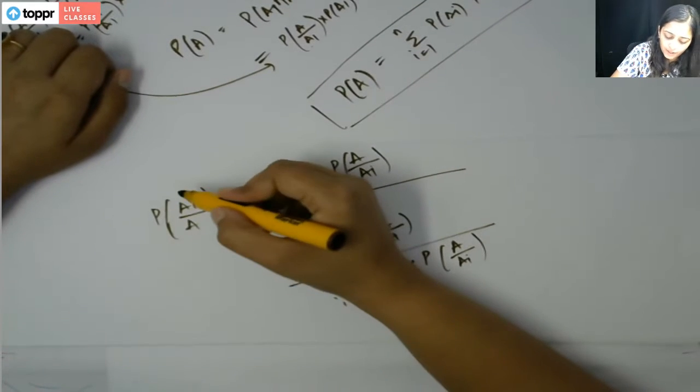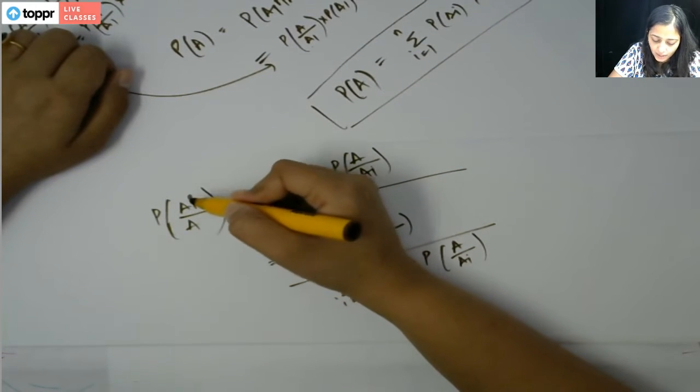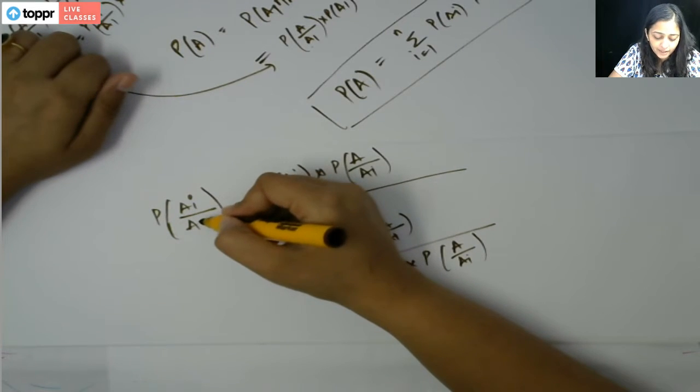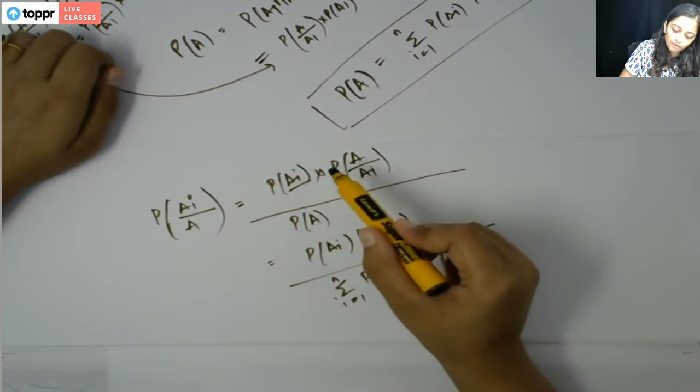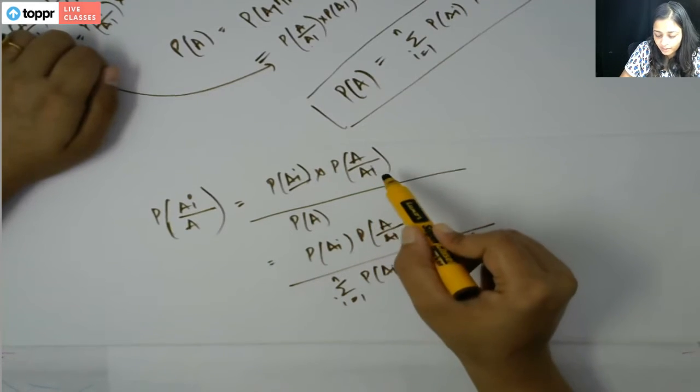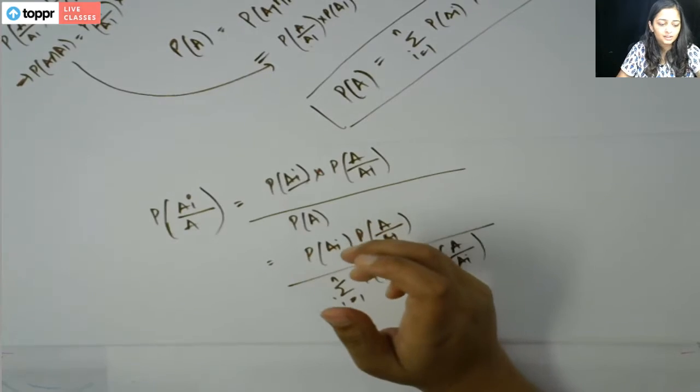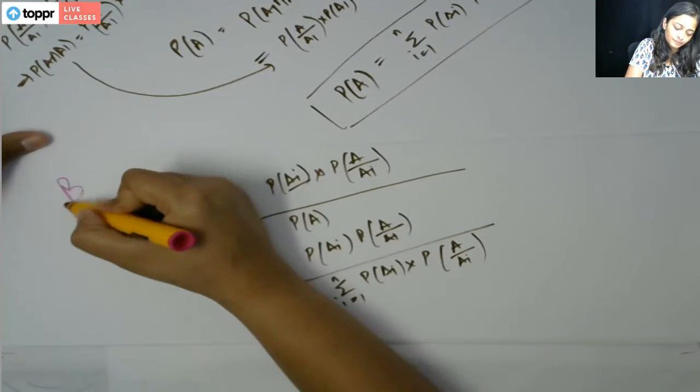So for any particular i, say A1 or A2, the probability of Ai given A is P of Ai multiplied by P of A given Ai divided by P of A. This is the Bayes theorem.